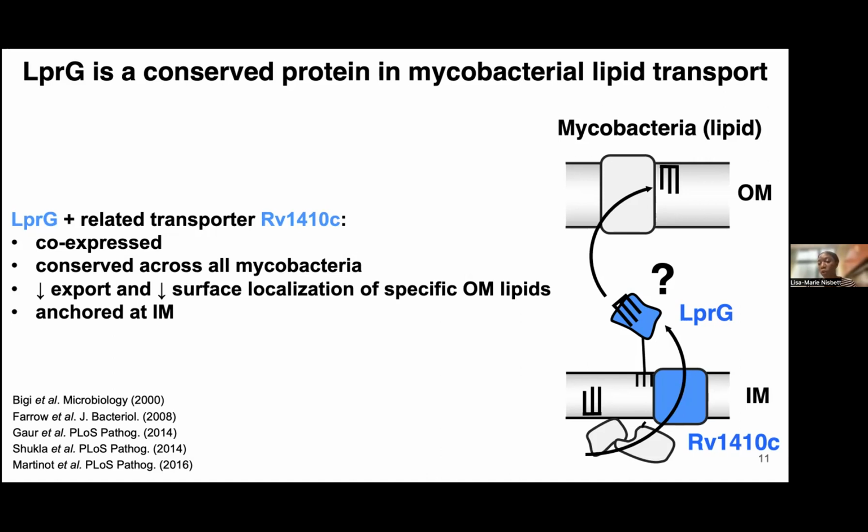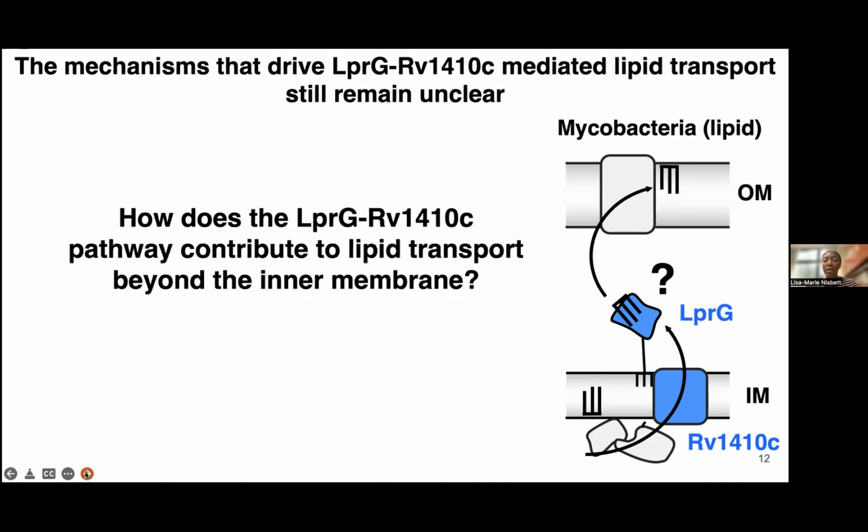Additionally, although Rv1410c is an integral membrane protein localized to the inner membrane, LprG is also anchored to the periplasmic face of the inner membrane. Due to this and the cellular location, it is unclear how this pathway contributes to lipid transport beyond the inner membrane.